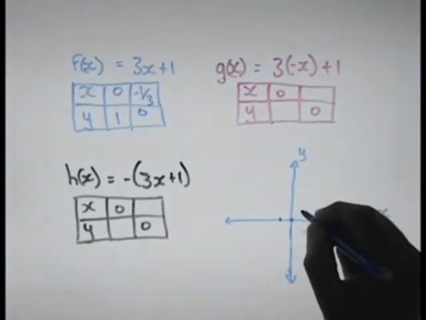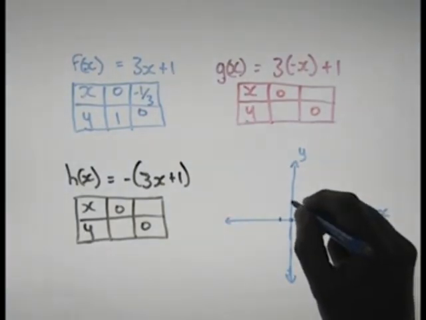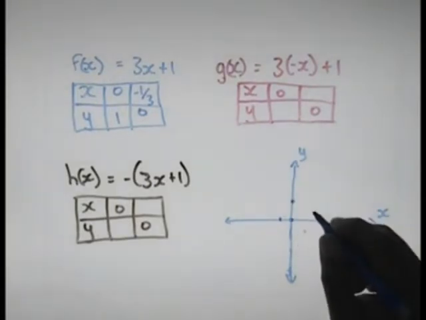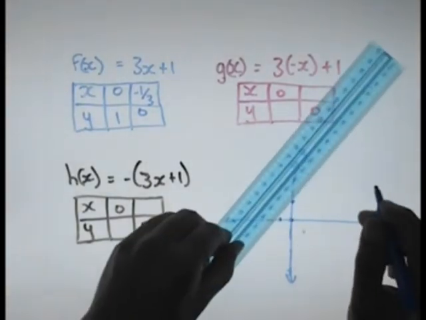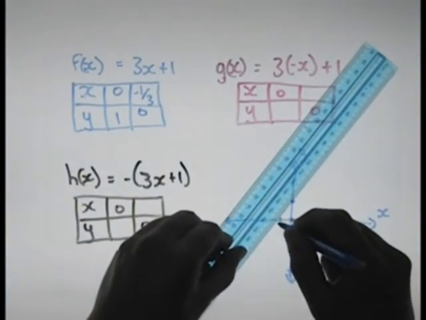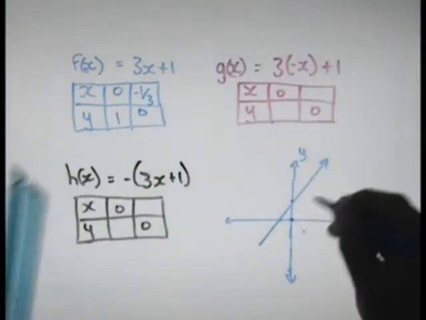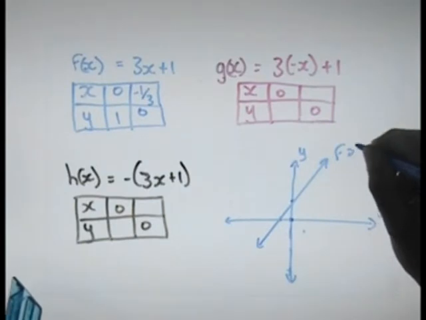And the other point is when x is equal to 0, y is equal to 1, that's going to be over there, which means that this graph is going to look like this. And that's the graph f of x.